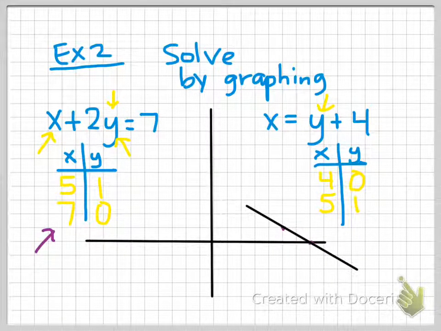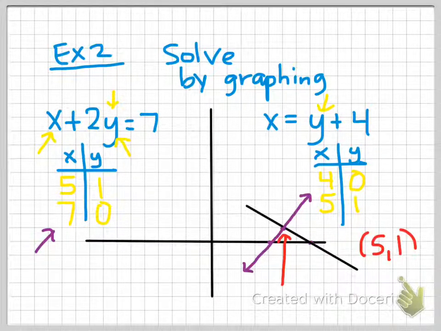Now we're going to graph the next line, (4, 0), which is right here, and (5, 1), which is right here. And we're going to graph that line. We're looking for the point of intersection, so it crosses right here. The two lines cross at (5, 1). So that's the solution, because that's where the intersection is.